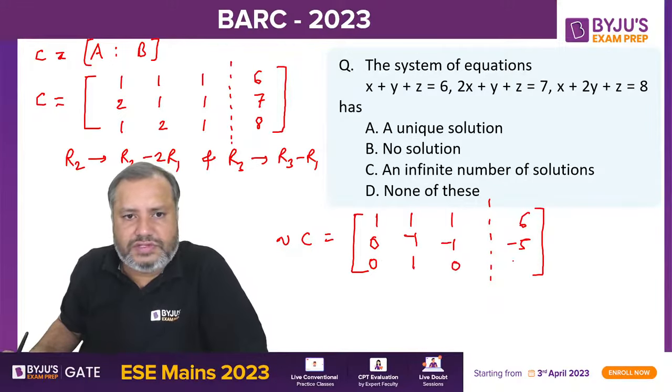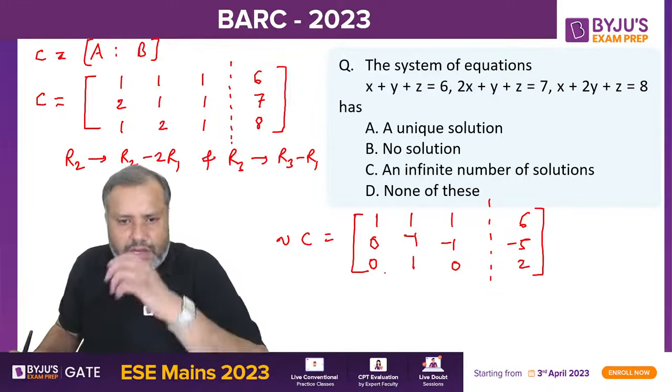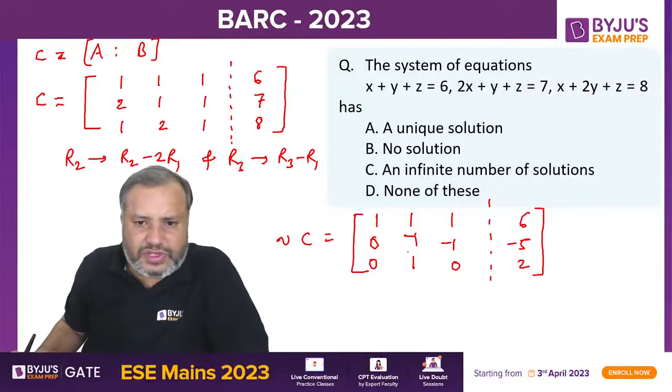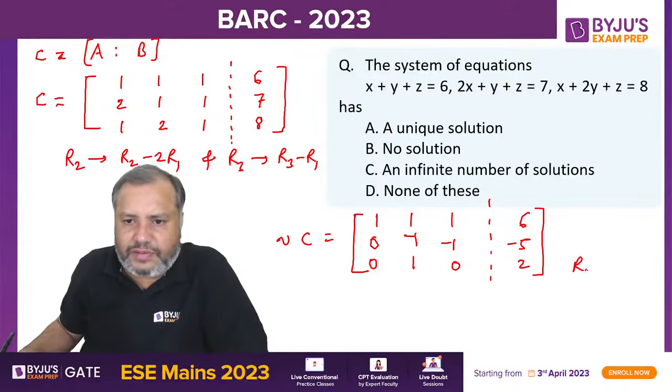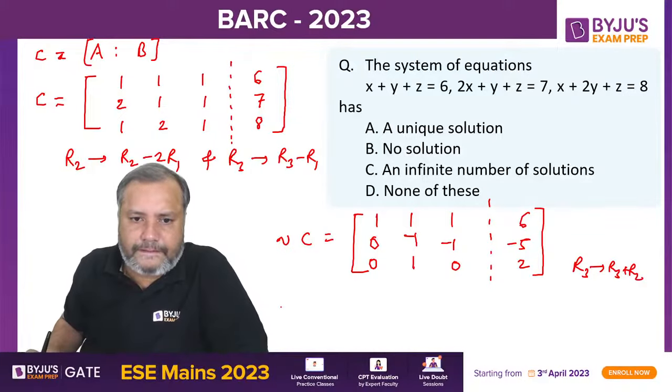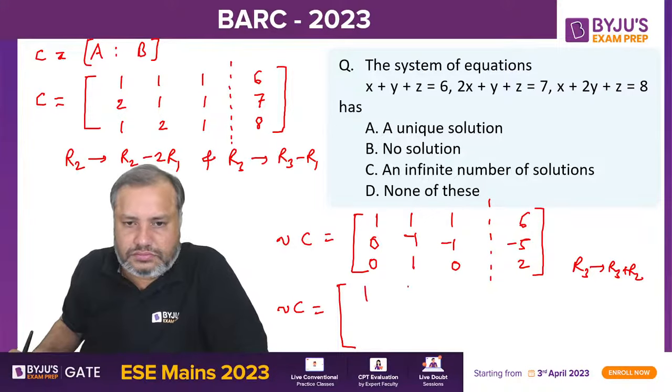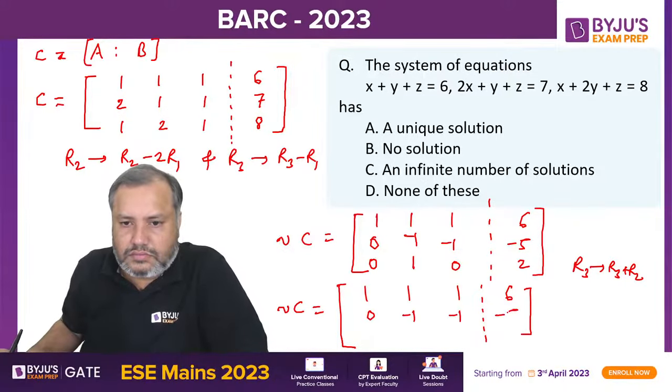1, 8 minus 6. Now once again I want this position to be 0. What I am doing? R3 tending to R3 plus R2. Then 0 addition, so 0 0 minus 1. 2 minus 5 will be how much?